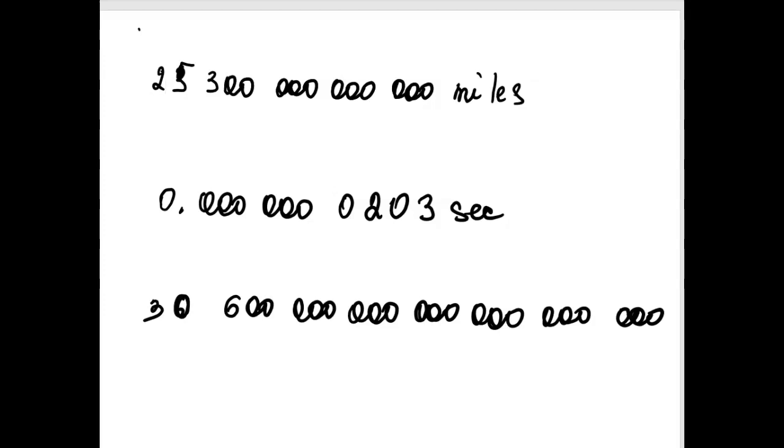Oh, I need additional zeros. How can I do this? Okay, I can do this. 6 goes here, zeros go here. Now this is correct. And this will be units, atoms. So this is the number of atoms in an average sized glass of water.